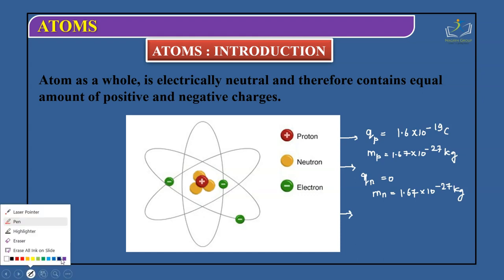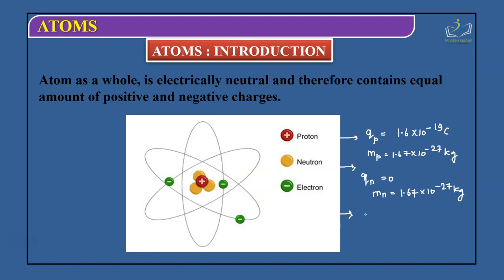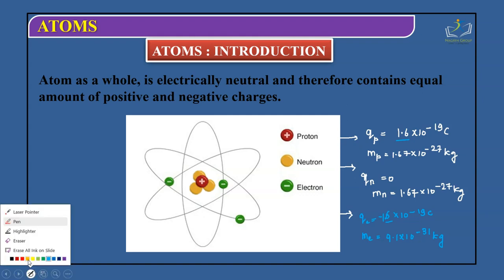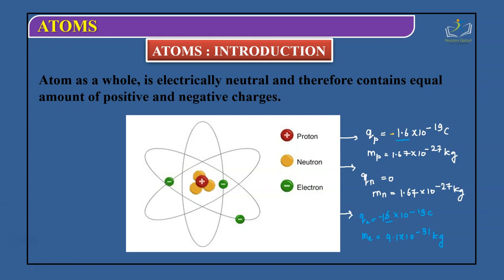The mass of the electron is 9.1 × 10^-31 kg, whereas the charge of an electron is -1.6 × 10^-19 coulomb. There is a slight difference between the proton and electron charge: the proton carries positive charge in nature and the electron negative.